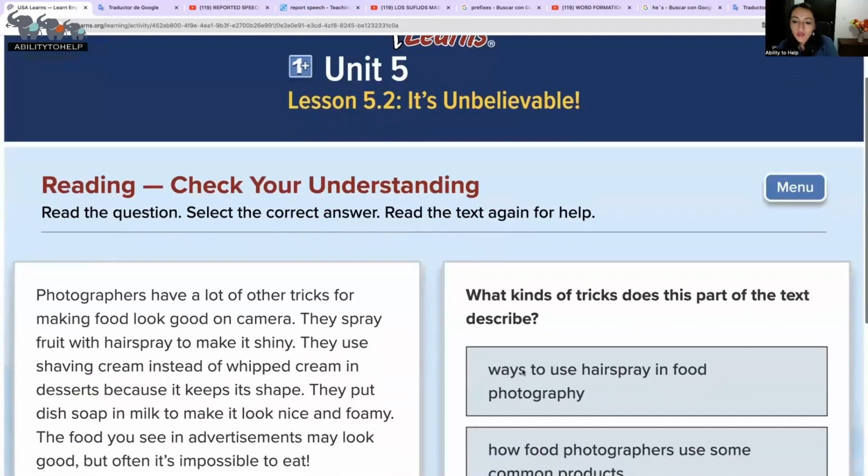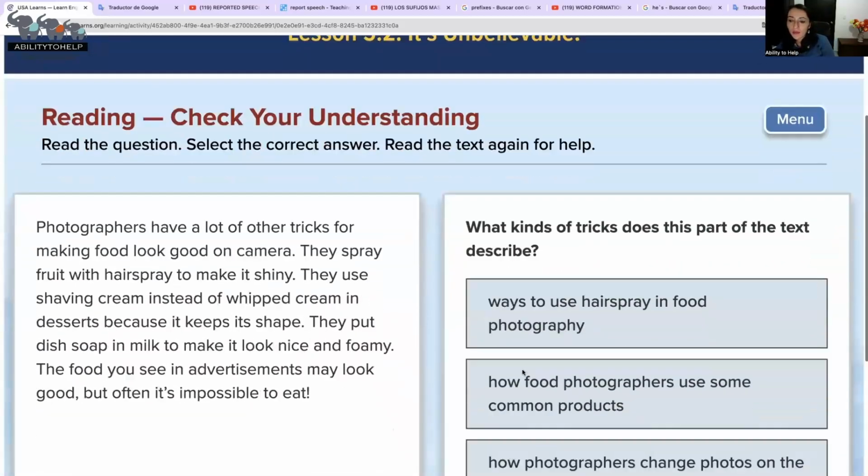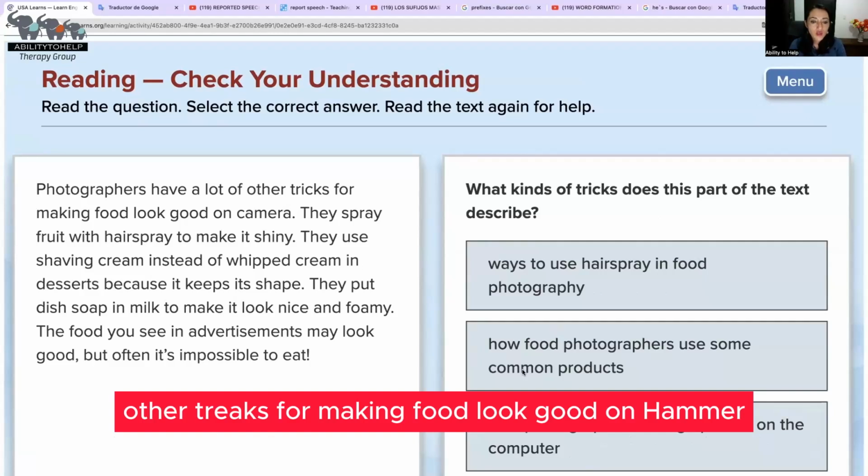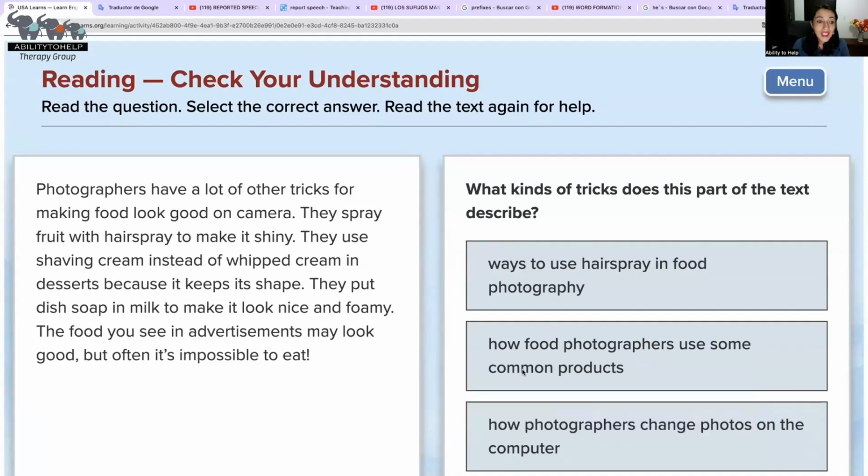So what kind of trick does this part of the text describe? Photographers have a lot of other tricks for making food look good on camera. They spray fruit with hairspray to make it shiny.